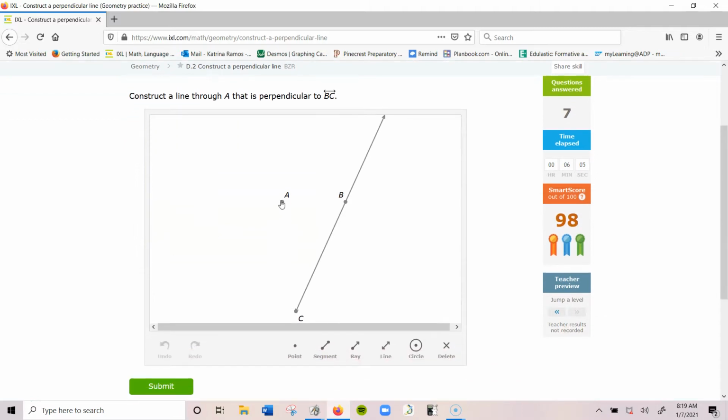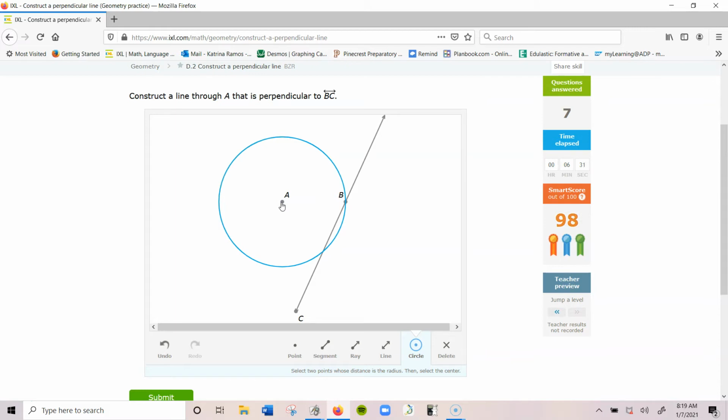Last one here, we have it where it's A. We want to go through A. So what we're going to do is first create our first circle. We go from A to B, and we center it at A, because that's where we want the perpendicular line to go through. So for the first circle, you want to create the circle given the 2 points that are given, and you center it where you want the line to go through.